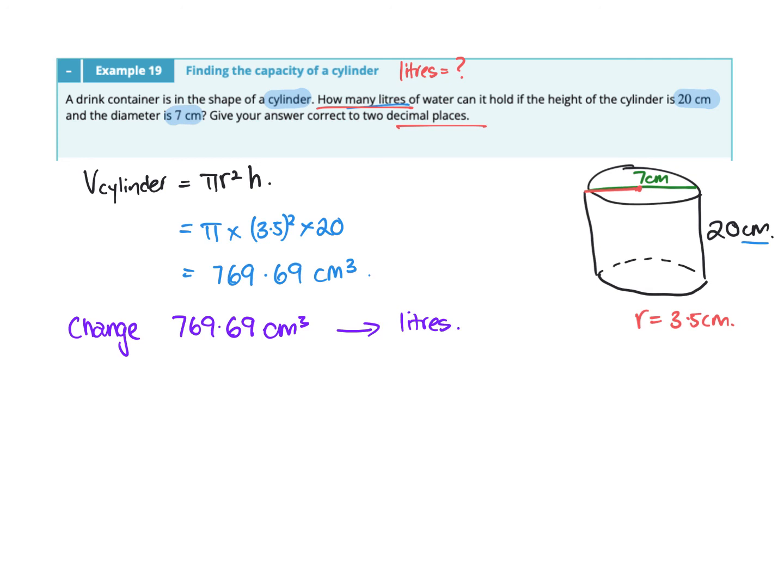Okay, we know that if you convert, 1 centimetre cubed is 1 mil. So we know that it's 769.69 mils. And then how many mils in a litre? 1,000. So if you're going from mils to litres, you're going to divide by 1,000.